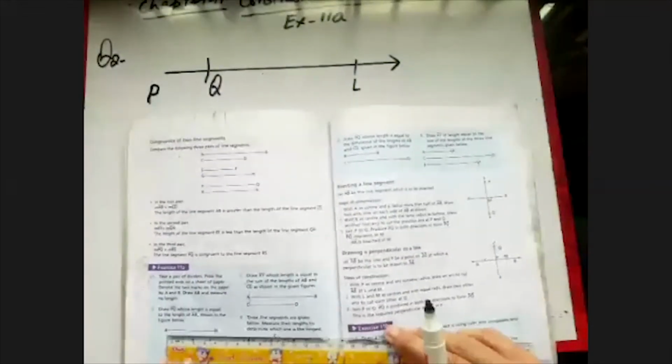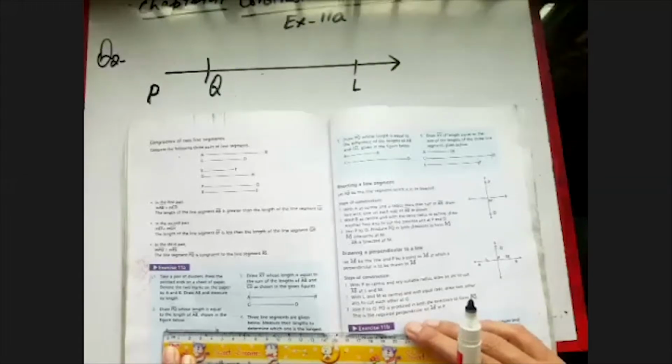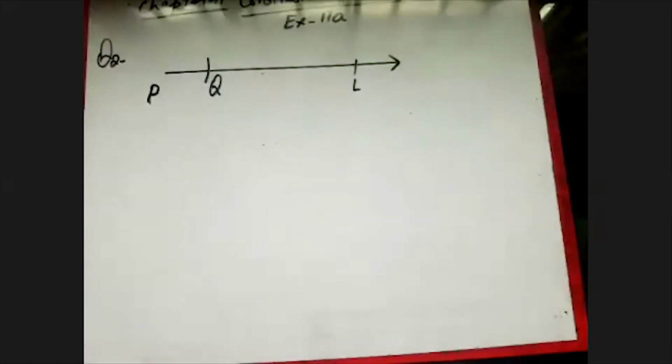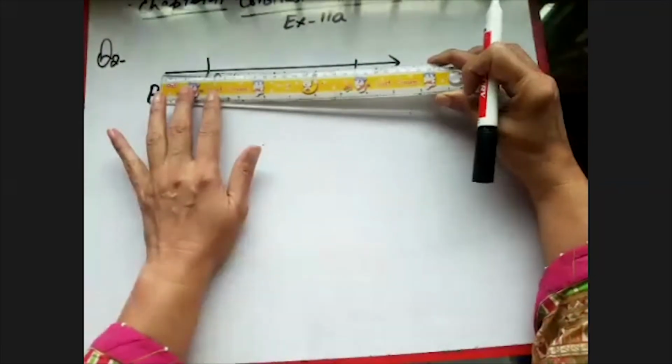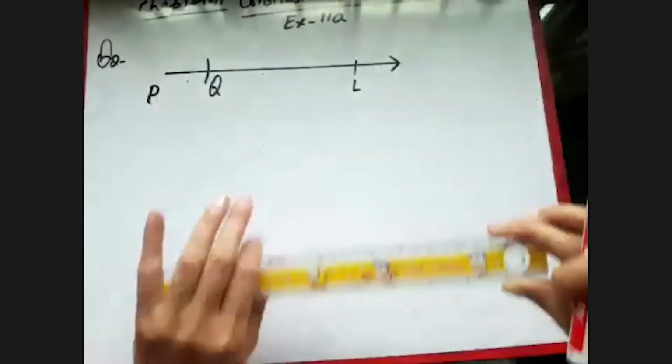So put your ruler against A. Coincide 0 with point A and measure the length of the line, which is 4.4 centimeter in the book. So measure the length of line PQ. Look, it is also 4.4 on the page.